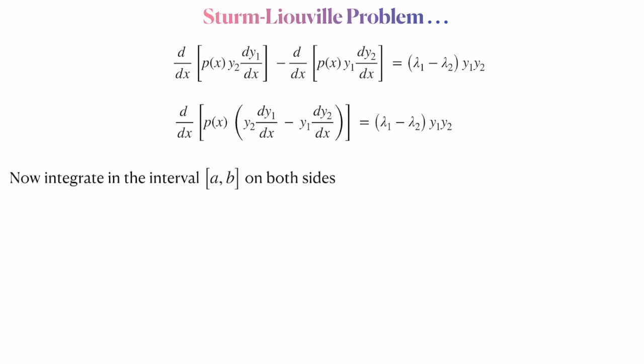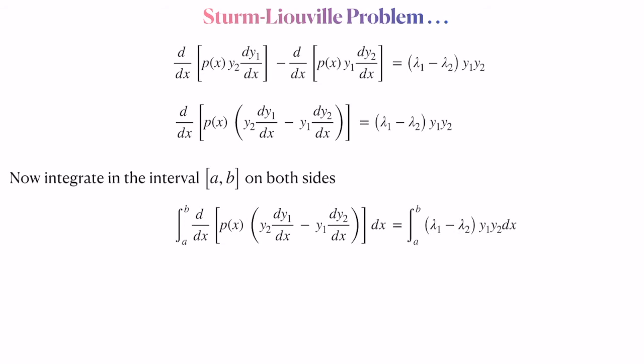Now this is where we do our trick of L2 functions. We integrate on both sides in the interval a to b. Then we obtain the integral from a to b of d by dx of p into y2 into dy1 by dx minus y1 into dy2 by dx. This is an exact differential, so it can be integrated out very easily and we get the values on the boundaries.